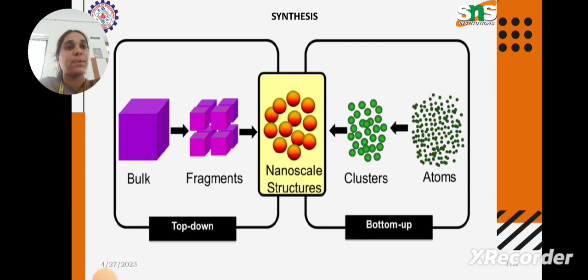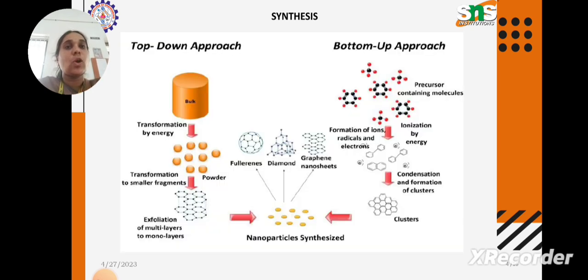In the top down approach, we see the bulk transformed to powder and to multi-layer, monolayer nanoscale materials. And in the bottom up approach, small atoms combine, forming ions or radicals or electrons, leading to condensation and formation of clusters. The clusters must be in the nanoscale size.